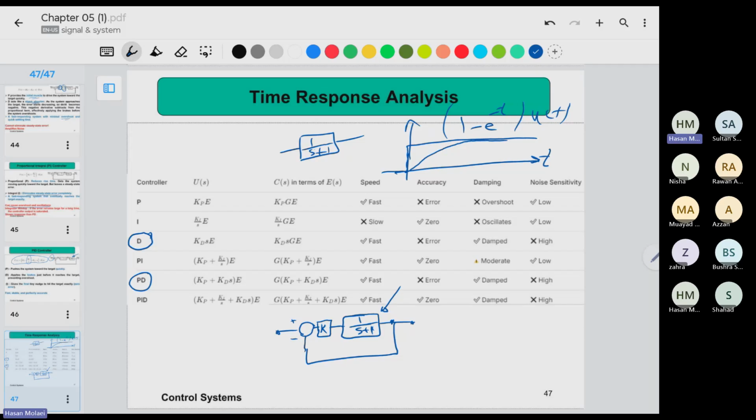But what if you put it into a feedback with just a KP, let's say the proportional? The final closed loop function will be what? Can you help me to write?